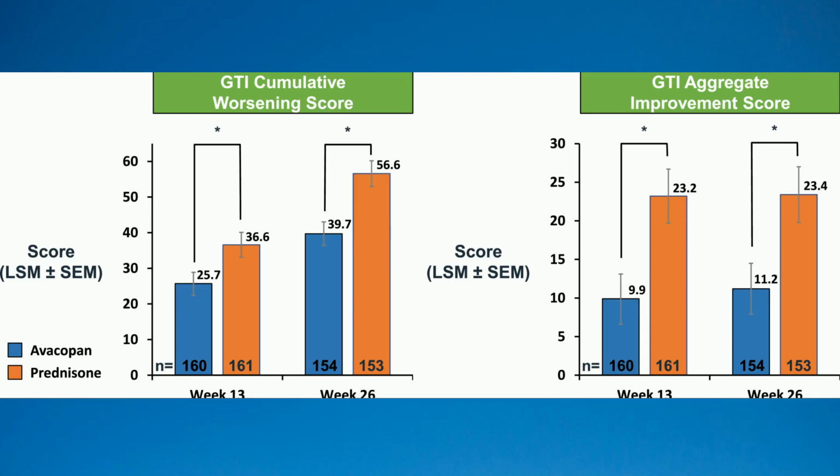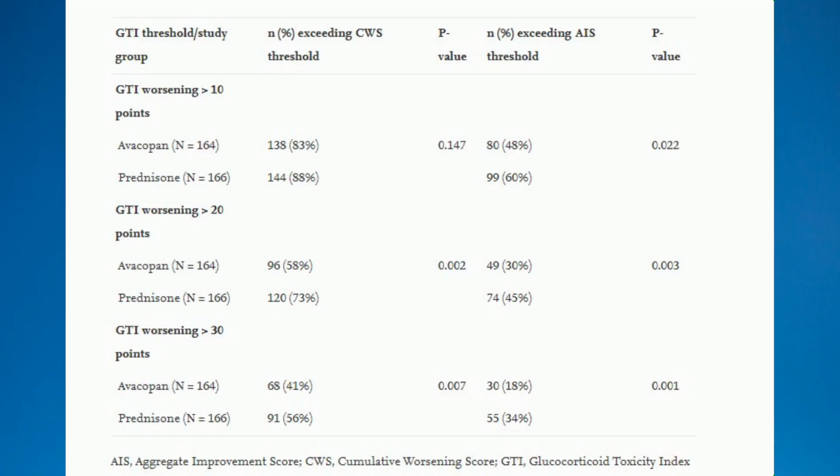In addition to that, the investigators in the avacopan trial looked at three different thresholds of steroid toxicity, beginning with the minimum clinically important difference, or MCID, of 10 points. And at the threshold of 10 points, 20 points, and 30 points, patients in the avacopan group had lower GTI scores, lower steroid toxicity.